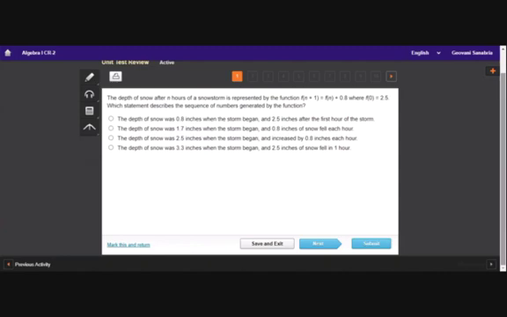When the storm just started, 0 hours after, it would be f of 0. So it would have to be C, right? Yeah, that's the only one that shows when it started. Does that make sense? It's like when in f of 0 it would have started at the 2.5. Yeah.